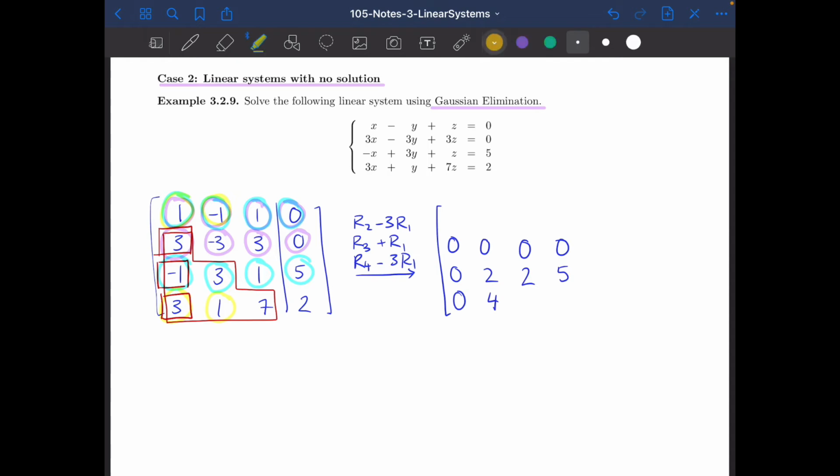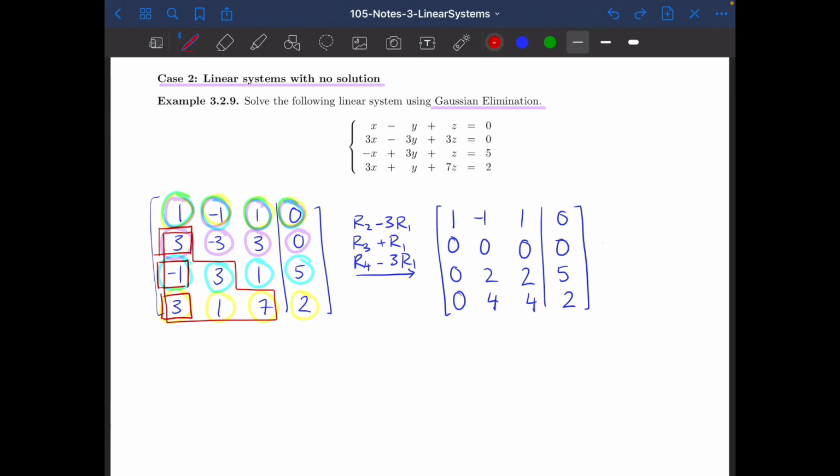Next I have 7 minus 3 times 1, 7 minus 3, that is 4. And finally I have 2 minus 3 times 0, which is 2. And the first row I will copy: 1, minus 1, 1, 0. That's my new augmented matrix.